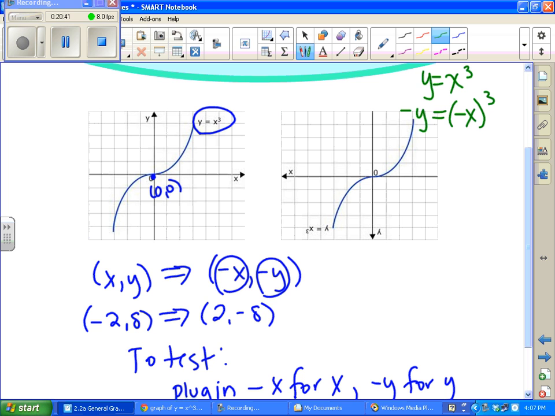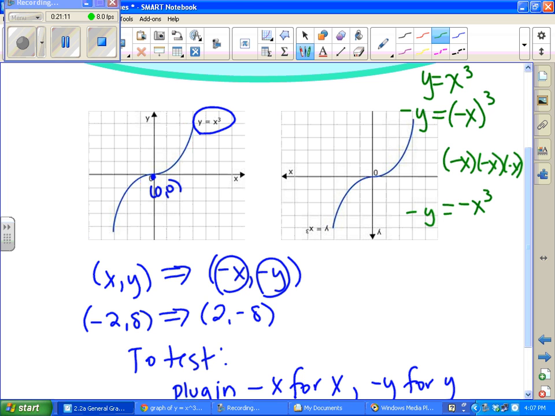If we have a third degree exponent, or the exponent is 3, and you cube a negative, it stays negative. So if I have negative x times negative x times negative x, that equals negative x cubed. And it's supposed to equal negative y. So it doesn't really match, but they both have a negative.